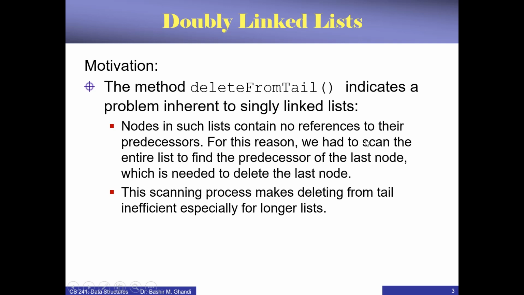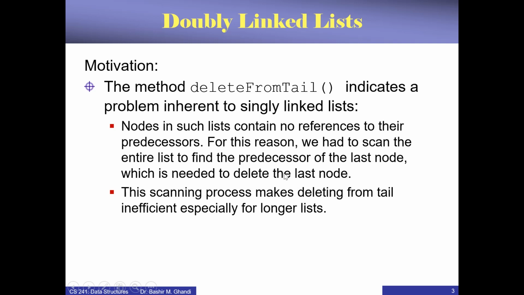This scanning process, or looping if you like, definitely makes this method inefficient, especially if the list is very long. Imagine if you have a list containing 1000 nodes, and just to delete the last node you have to traverse 999 nodes, because you have to start from the head, next, and so on until you reach the second last node before you can actually delete the last node.